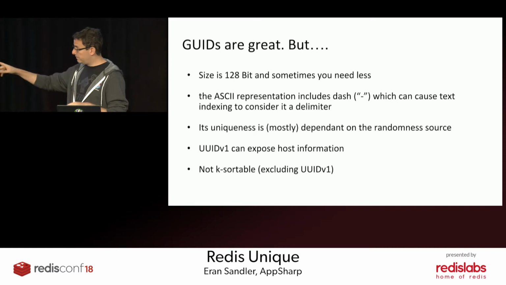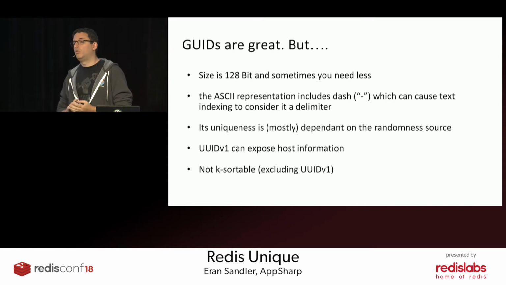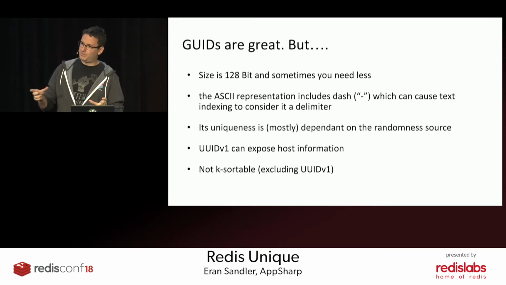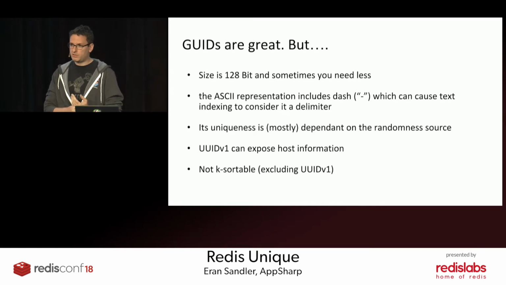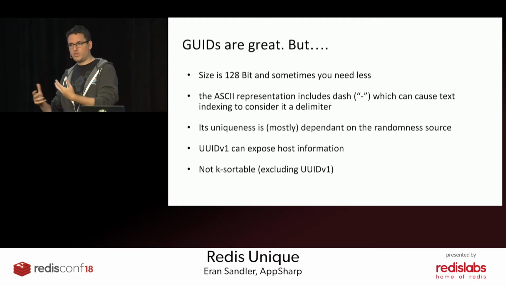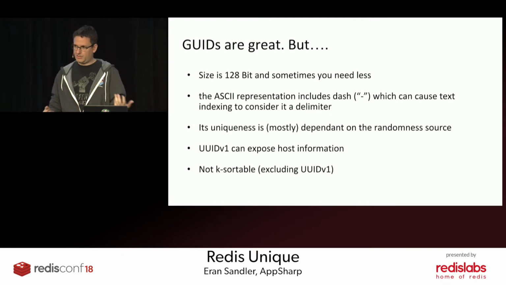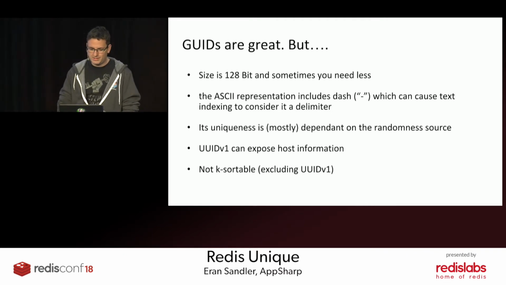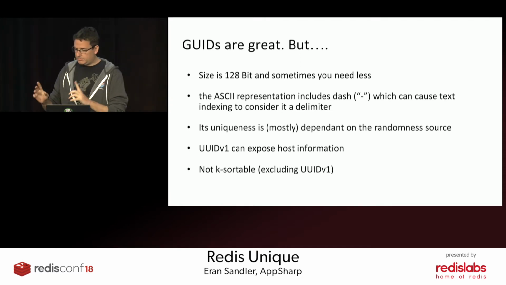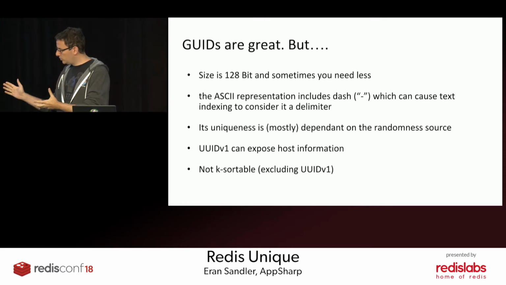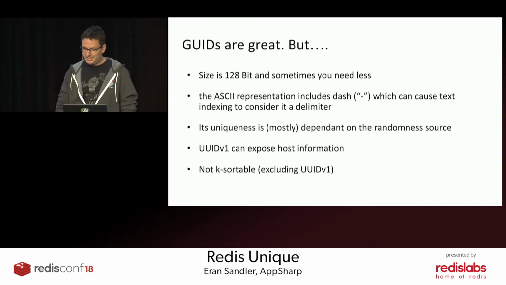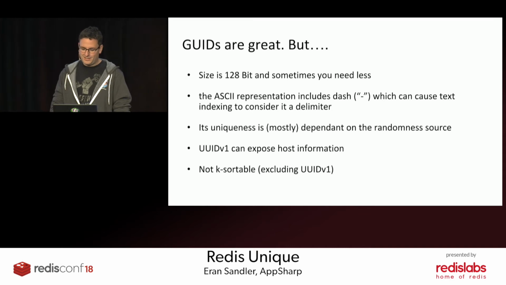There is a type of GUID called UUID v1, which does have a time component, and we'll look at that later. However, to generate the rest of the information, it sometimes uses the MAC address of the network card of certain computers, and that may expose information about the host that actually generated it, so most people don't use that. And again, unlike UUID v1, UUID v4 is completely random, or as random as it can be, and it cannot be sorted.